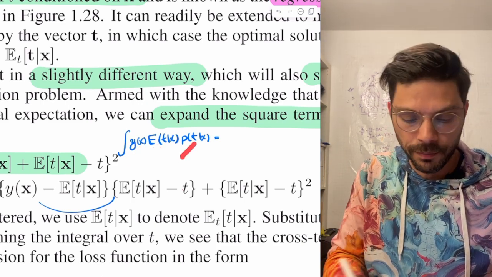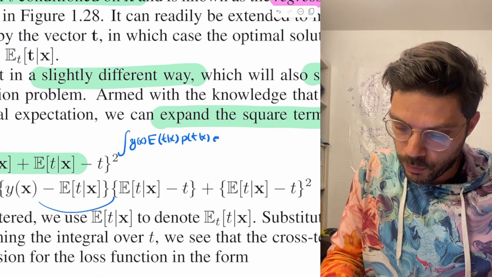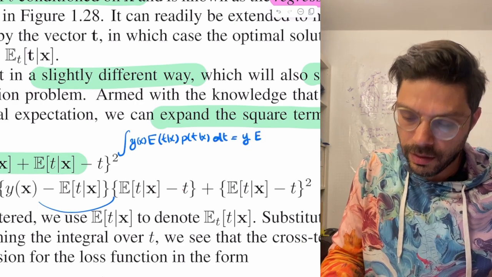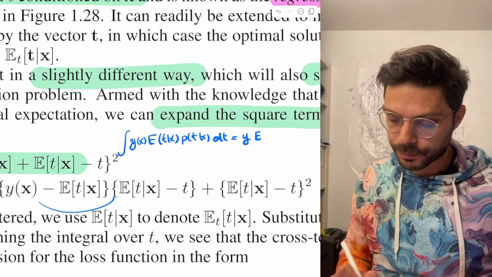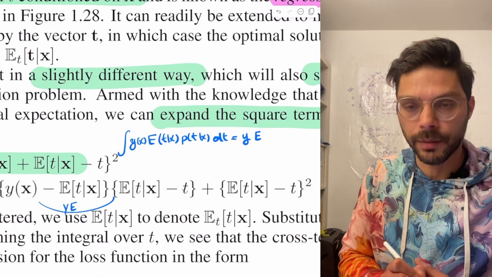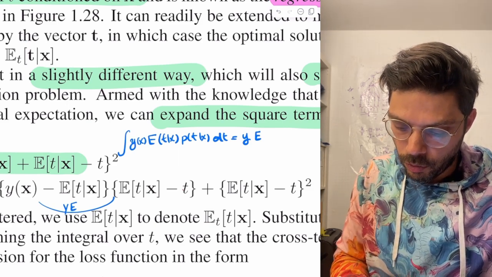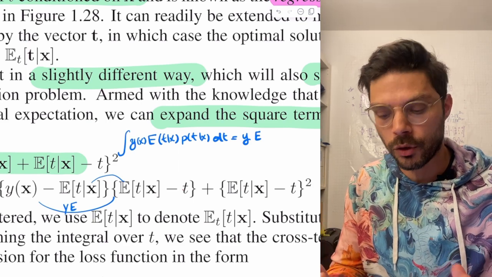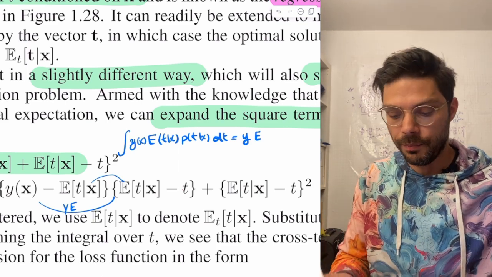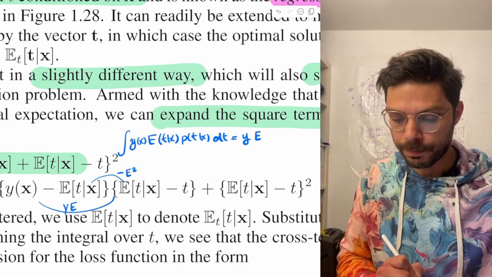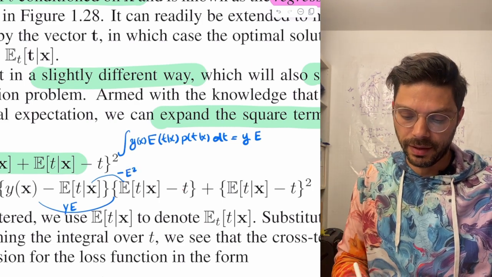They're not functions of t. So when we integrate against dt, it's just going to be y and E. I'll just write it that way. Okay, so that'll contribute a y and an E. Well, what is that product if we integrate it? Neither of them are functions of t. So that'll just give us a minus E squared term. Okay, so that takes care of that.